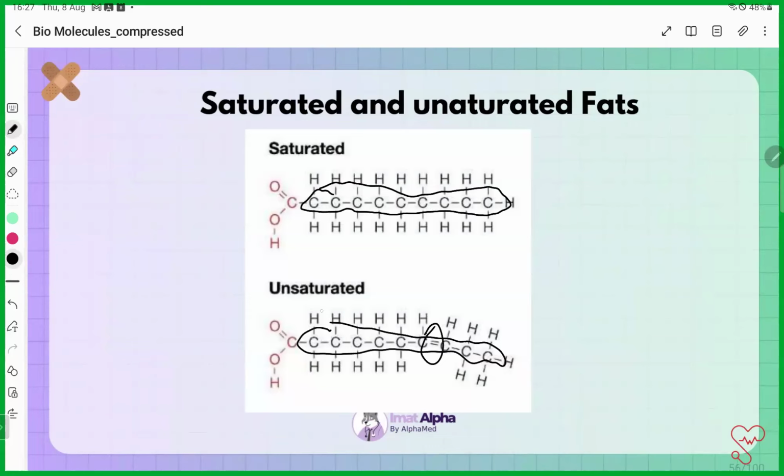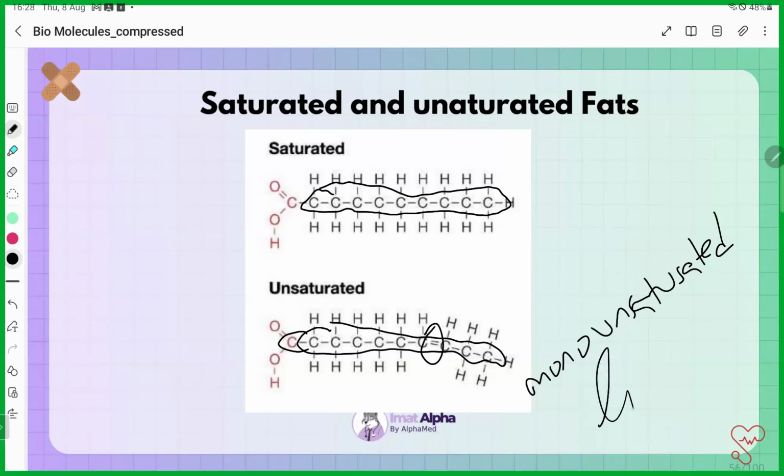This means that this is a monounsaturated lipid or fatty acid. Why is it mono? Because we have just one double bond. However, this one is saturated. We cannot say too saturated, it's just saturated.